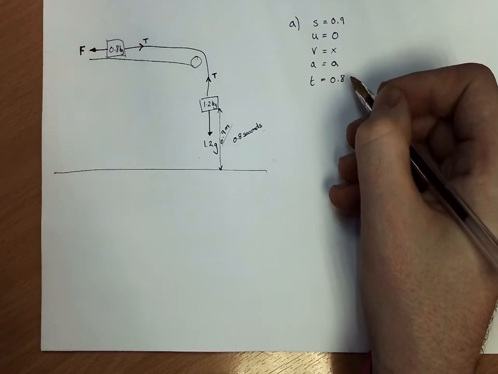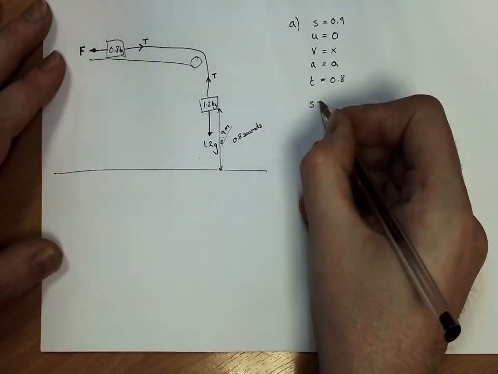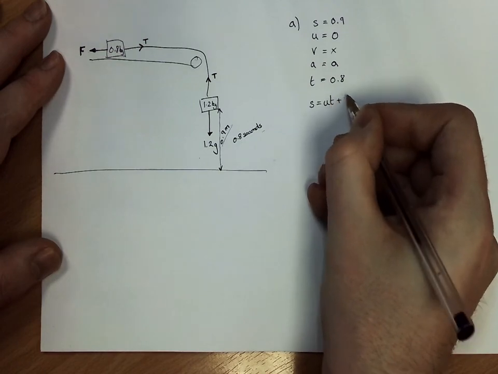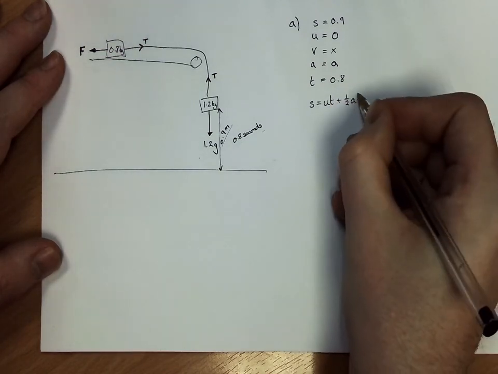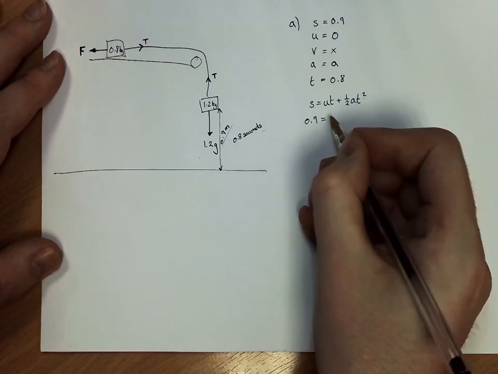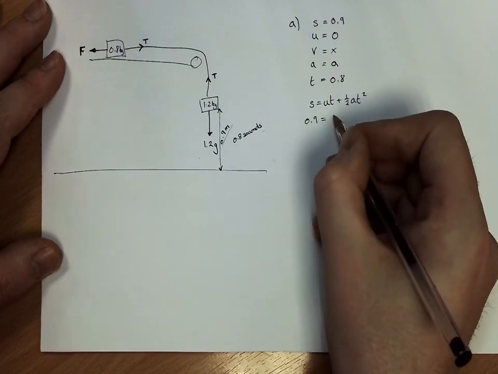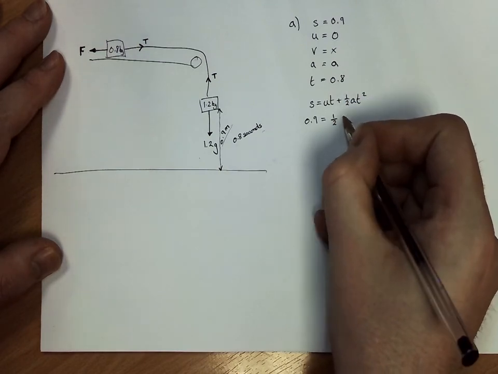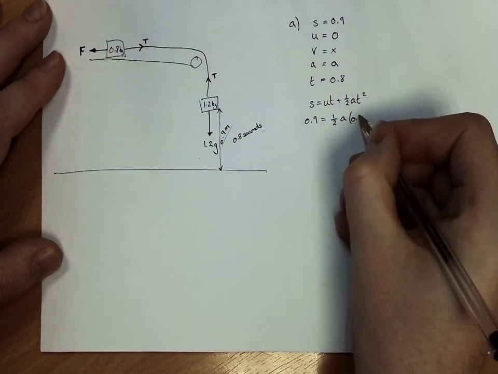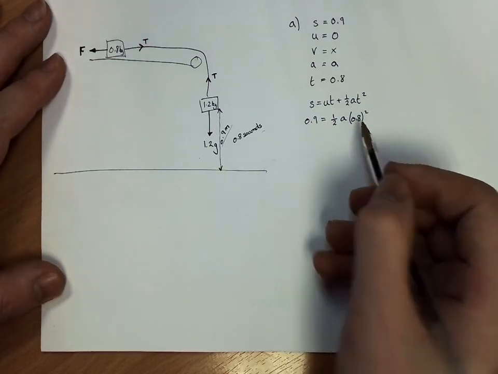So a link between S, U, A and T: S equals UT plus a half AT squared. So I have 0.9 equals 0 plus a half of A times 0.8 squared. Times by 2 and divide by this squared.